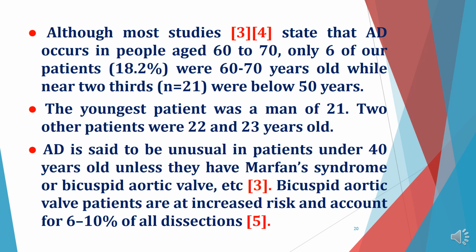Two other patients were 22 and 23 years old. Aortic dissection is said to be unusual in patients under 40 years old unless they have Marfan syndrome or bicuspid aortic valve, etc. Bicuspid aortic valve patients are at increased risk and account for 6 to 10% of all dissections.